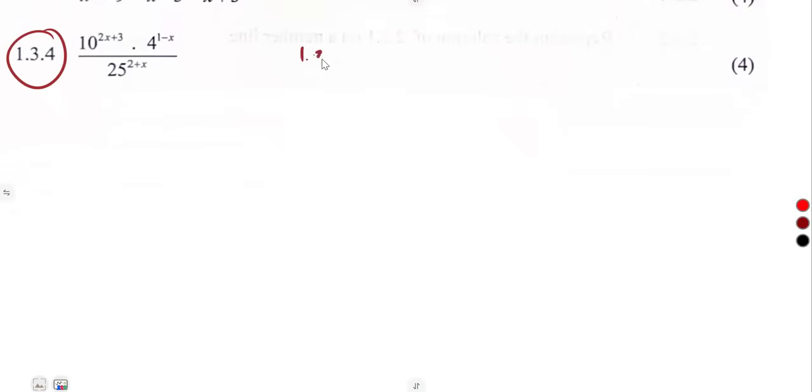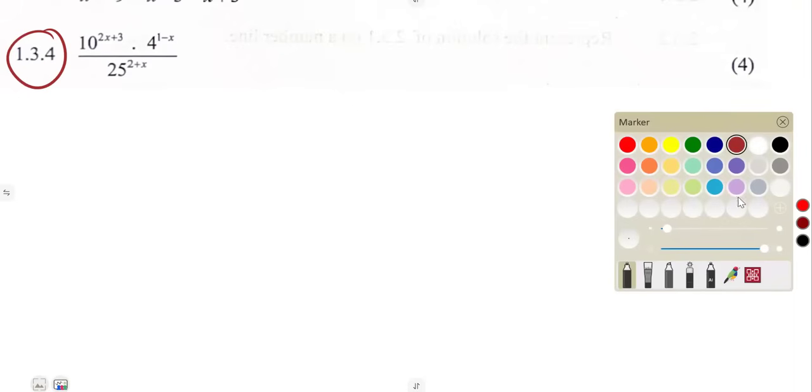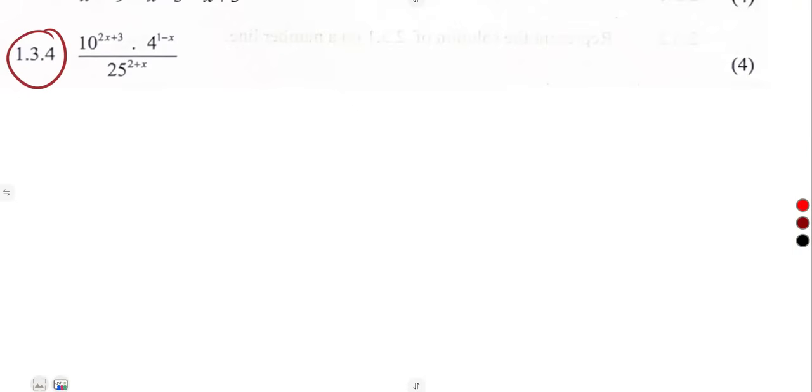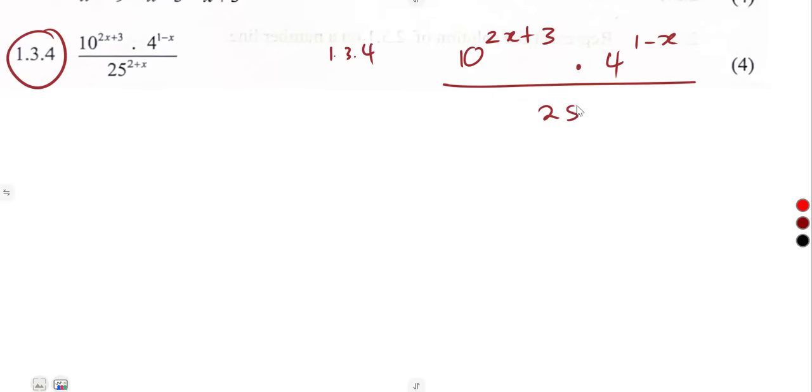1.34, we are given, that's 10 to the exponent of 2x plus 3, times 4 to the exponent of 1 minus x, everything over 25 to the exponent of 2 plus x.